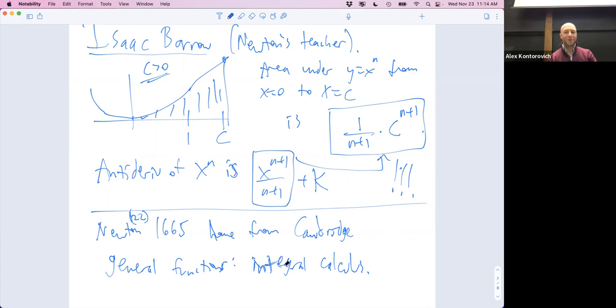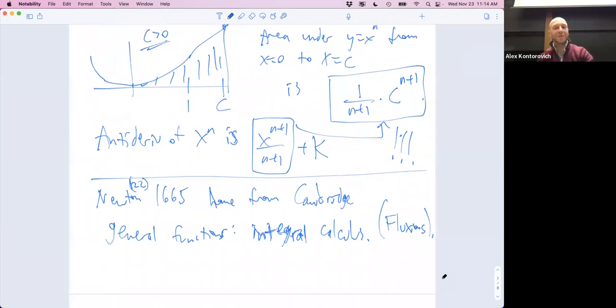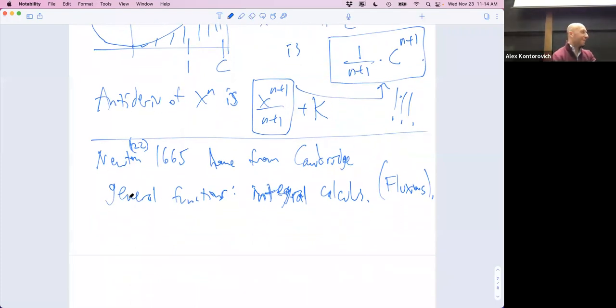That word is not from Newton. He calls these things fluxions, how things fluctuate. That's a cool name. So do you guys take AP fluxions in high school? The reason you didn't take AP fluxions is because Newton doesn't tell anybody what he's doing. He keeps this in his desk drawer until like the 1690s.